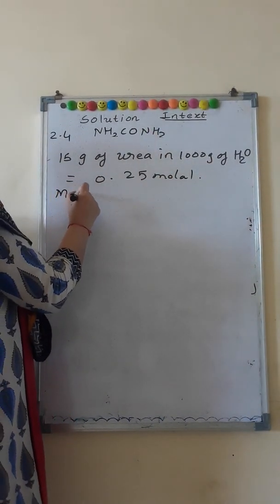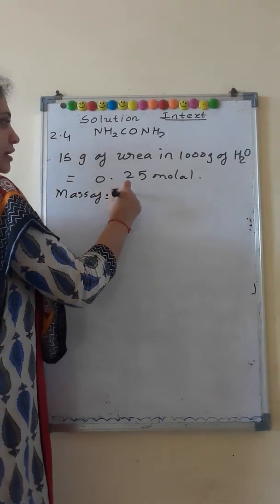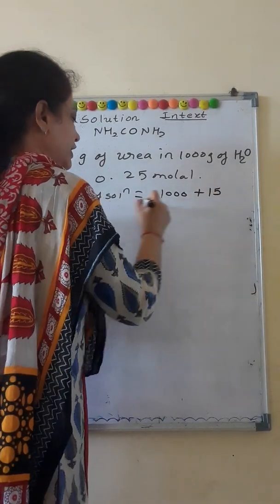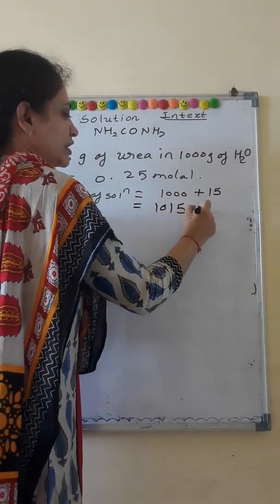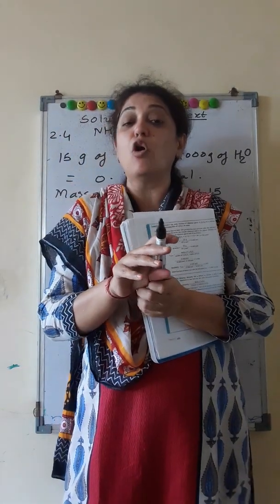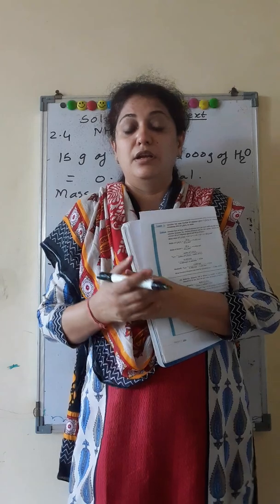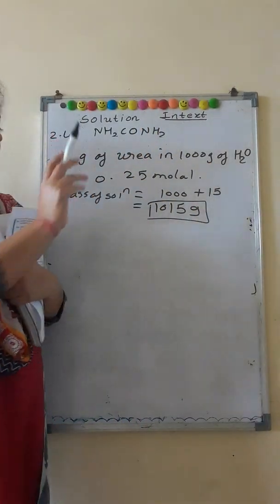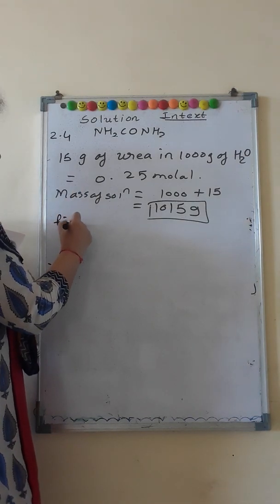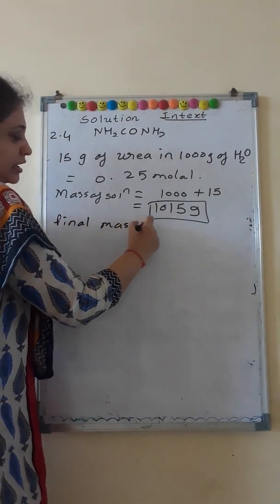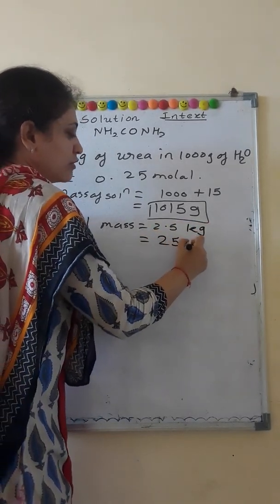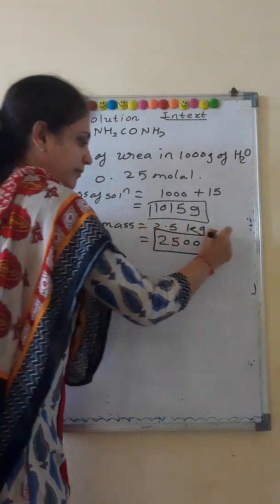So mass of this solution will be 1000 plus 15, which is equal to 1015 gram. Now in this 1015 gram of solution, 15 gram of urea is present, and we have to make final mass of solution 2.5 kilogram, which is equal to 2500 gram.